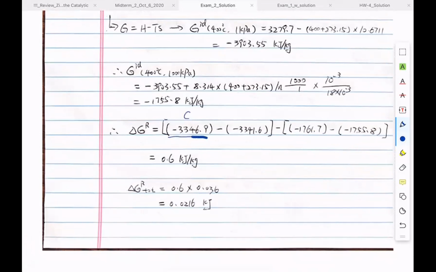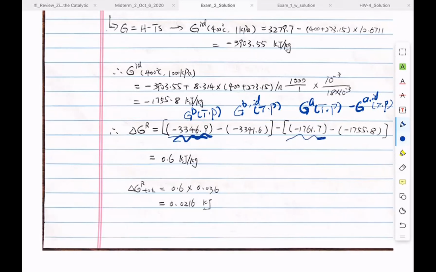So here you are going to calculate this is GB T,P, this is GB ideal T,P, this is GA T,P with its own T,P, this is GA ideal T,P. The first one and the third one should be a direct reading from the steam table.